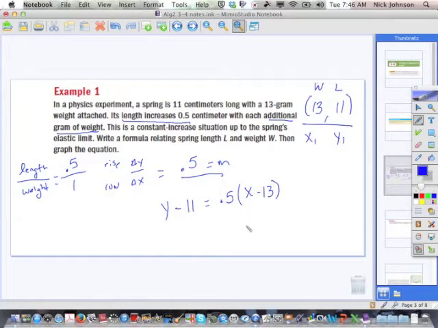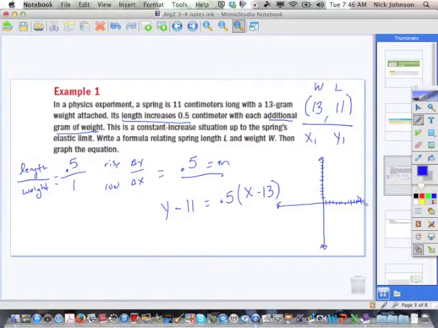Can we graph this? Sure, you could graph this. My graph's probably not going to be real pretty, but I can graph 13, 11. 1, 2, 3, 4, 5, 6, 7, 8, 9, 10, 11, 12, 13. Went clear out there. 1, 2, 3, 4, 5, 6, 7, 8, 9, 10, 11.